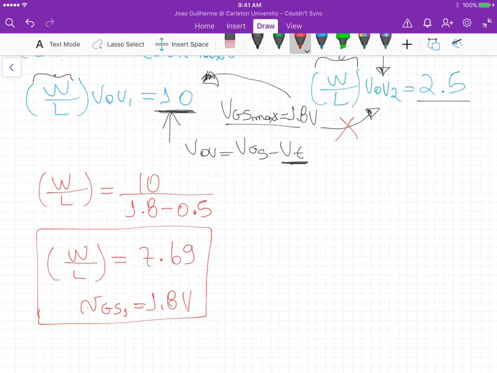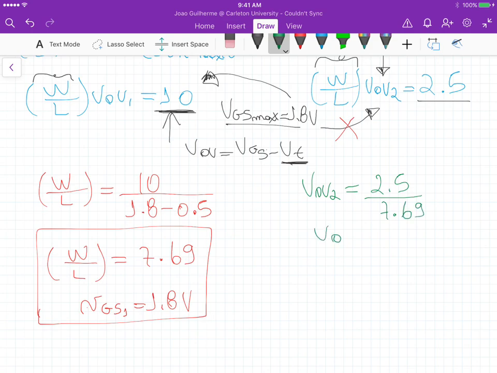Now, because we know the aspect ratio, we can substitute it up here in this equation to get the overdrive voltage 2, and with that VGS2, right? So for the second condition, we know that V overdrive 2 should be equal to 2.5 divided by the aspect ratio, which is 7.69.